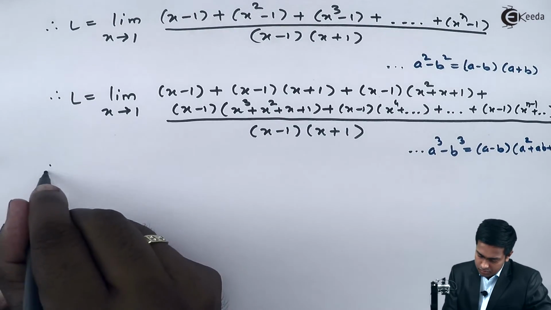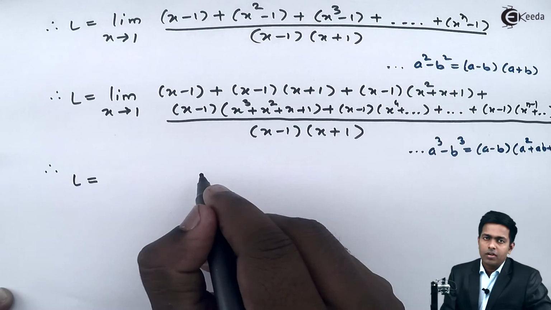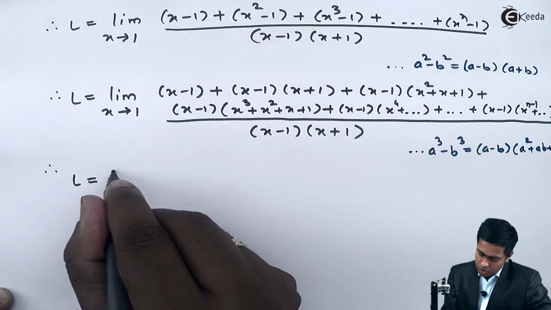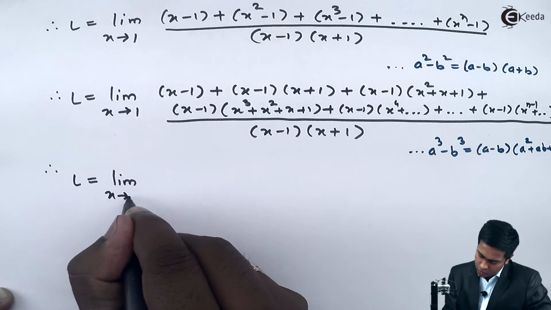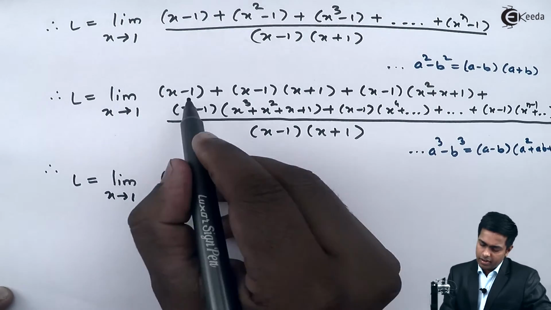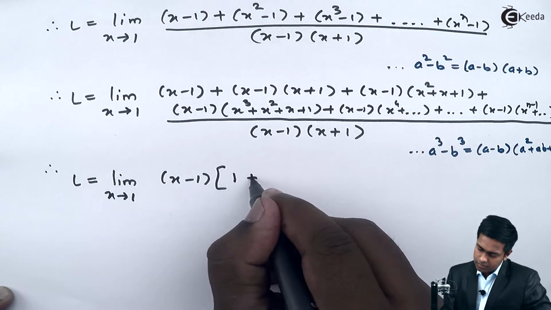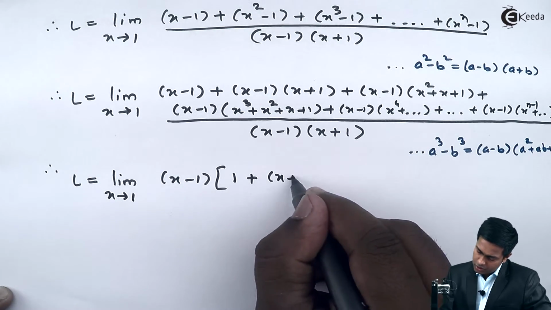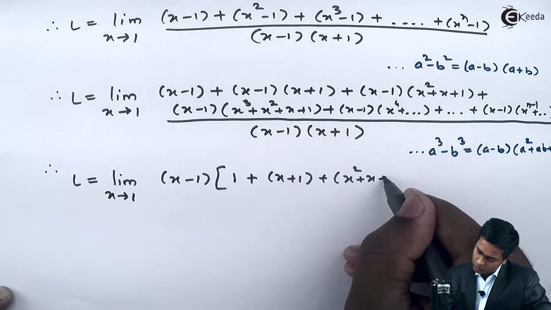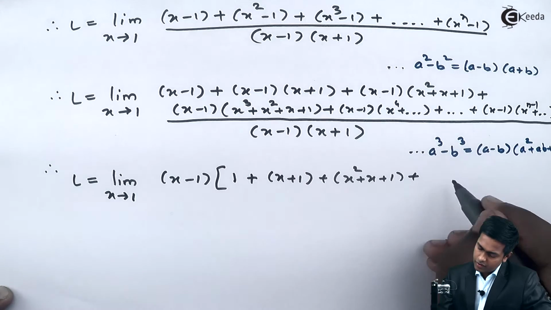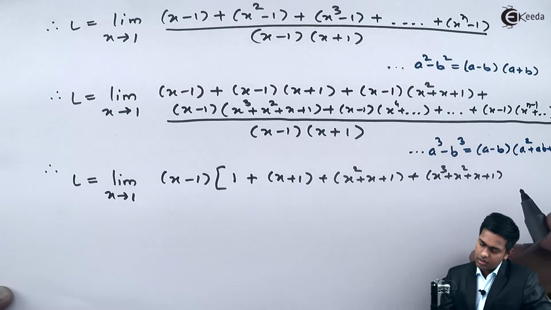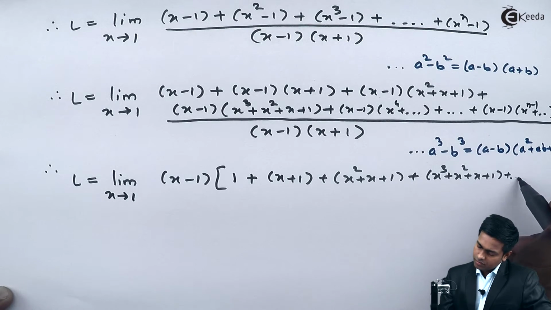Now from numerator we can take x minus 1 common. So this will become limit x tends to 1, x minus 1 in the bracket, here we'll get 1, from here we'll get x plus 1, from here we'll get x square plus x plus 1, from here we'll get x cube plus x square plus x plus 1 and so on.